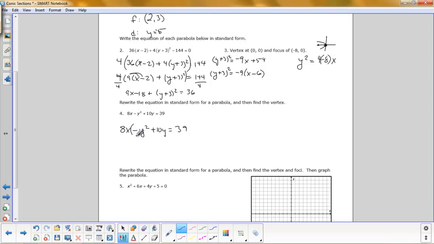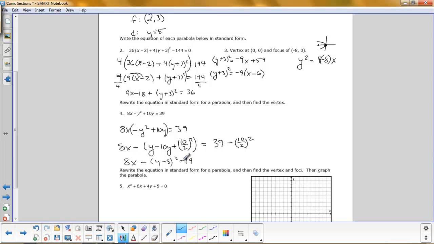So I'm going to group right here, and when I do that, I notice that my y squared is negative, so I get 8x minus y squared minus 10y plus 10 over 2 squared equals 39 minus 10 over 2 squared. 8x minus y minus 5 squared equals 14.